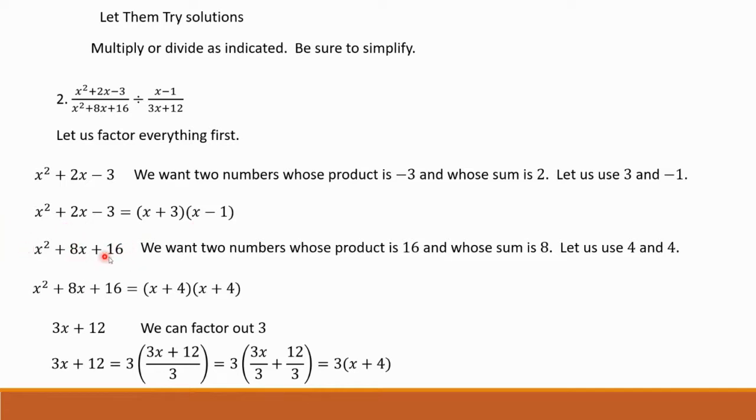We also have this here, x squared plus 8x plus 16. From here, we want two numbers whose product is 16 and whose sum is 8. The numbers that pull that off are 4 and 4.